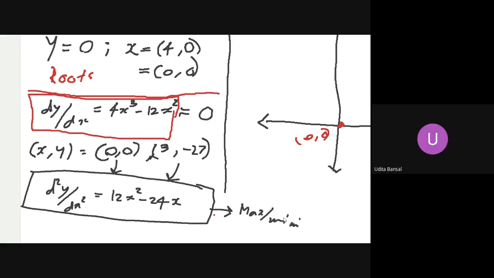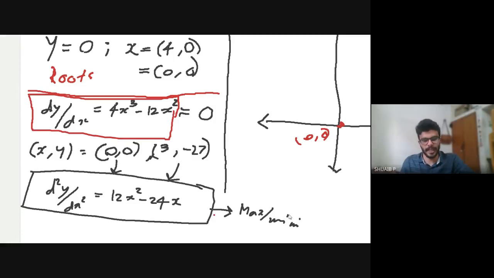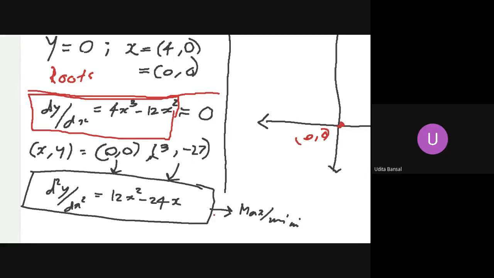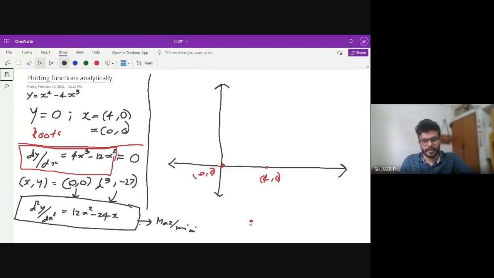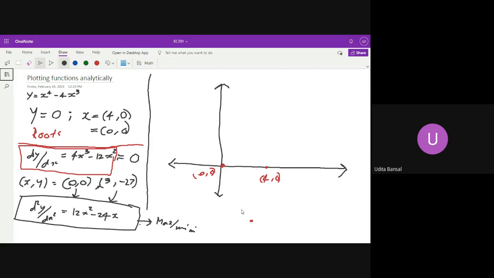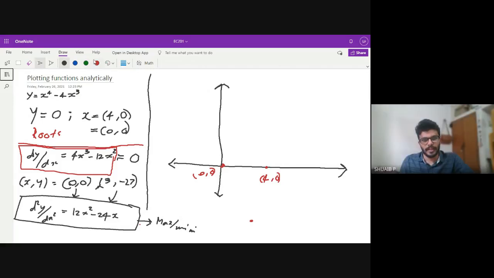So 0, 0 seems to be a point of inflection instead of an extrema, right? A saddle point, yeah. And you will see the other point to be a minima if you substitute 3 and minus 27.